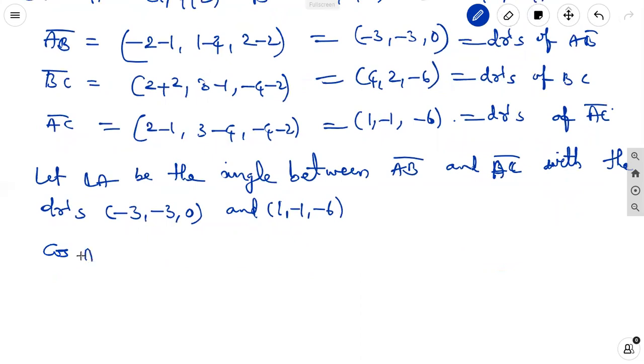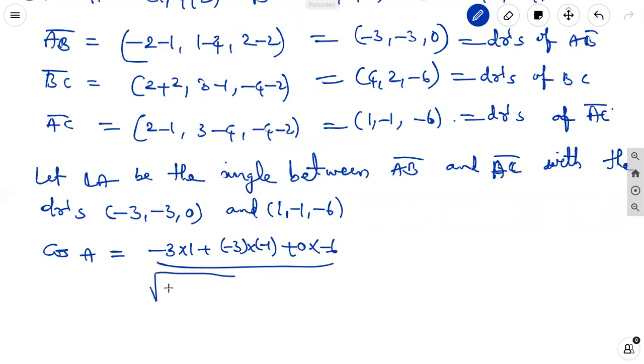Then cos A equal to (-3 into 1 plus of -3 into -1 plus 0 into -6) by under root of (-3 whole square plus -3 whole square plus 0 square) under root of (1 square plus -1 whole square plus -6 whole square).